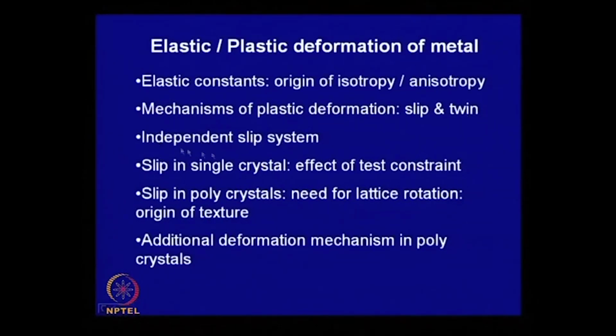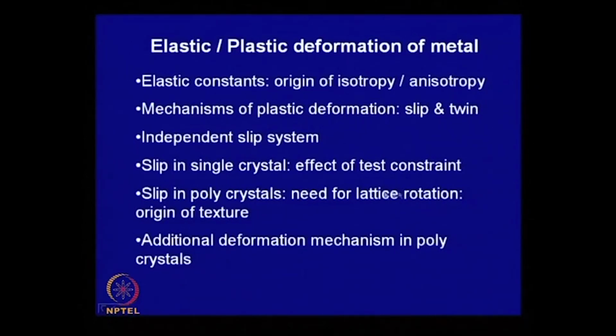We also looked at independent slip systems. For arbitrary deformation, it is necessary that each crystal has at least 5 independent slip systems. Then we looked at slip in single crystal, introduced the concept of critical resolved shear stress, and we also have seen how slip in polycrystal is possible.